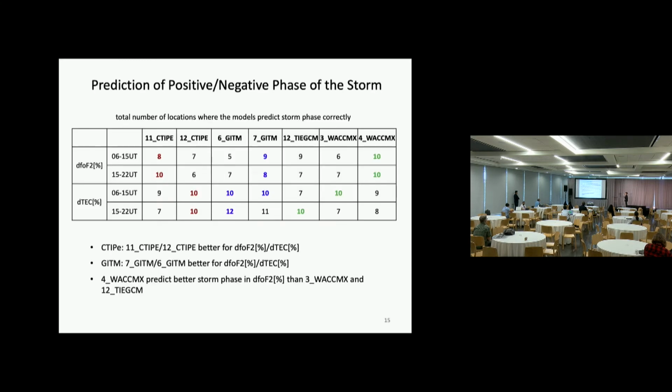This table shows the total number of locations where the models predict the storm phase correctly. If we compare these two, the old version is better for FOF2, and the new version is better for percentage change. GTM shows better results for these three cases, and the old version is better for this percentage change.